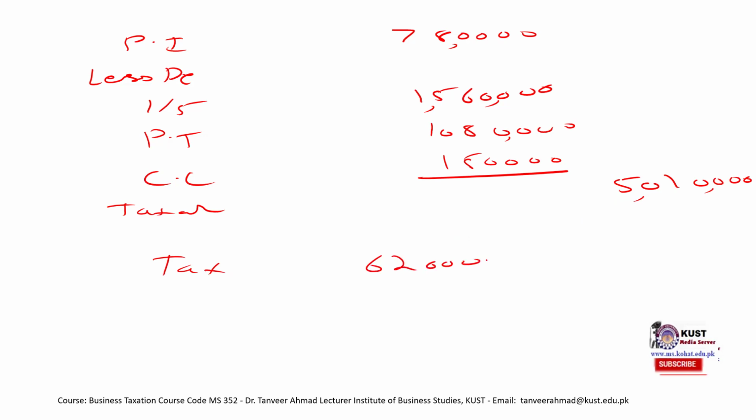So the tax would be 6,20,000 plus 30% of the amount exceeding 40 lakh, that would be 10,10,000 rupees.